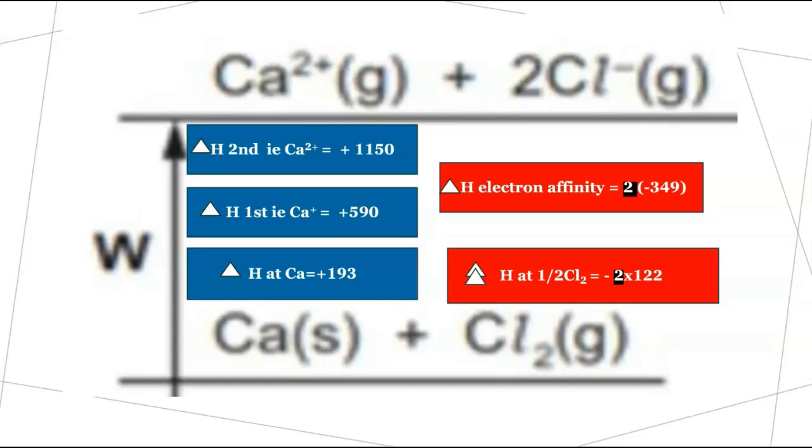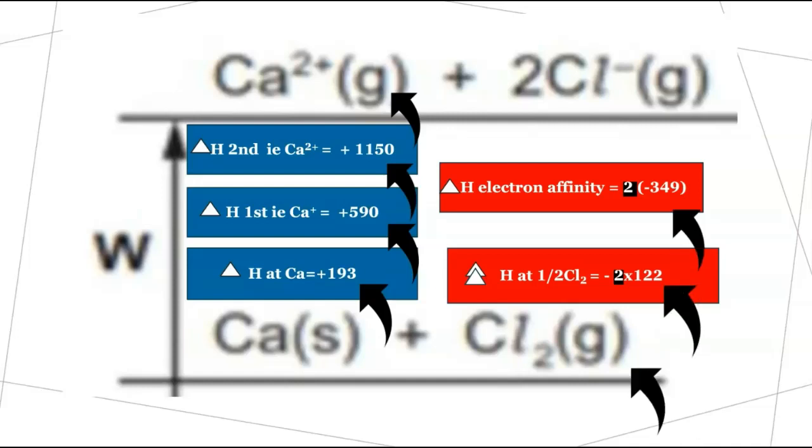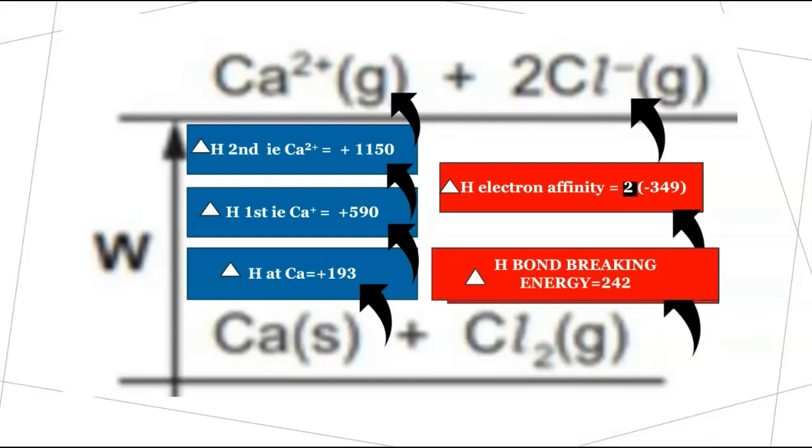And to make the anion, the first electron affinity of chlorine is minus 349. First electron affinity is always exothermic, multiplied by 2. Why? Because we have 2 chloride ions. See, we can use bond dissociation energy, which is 242.